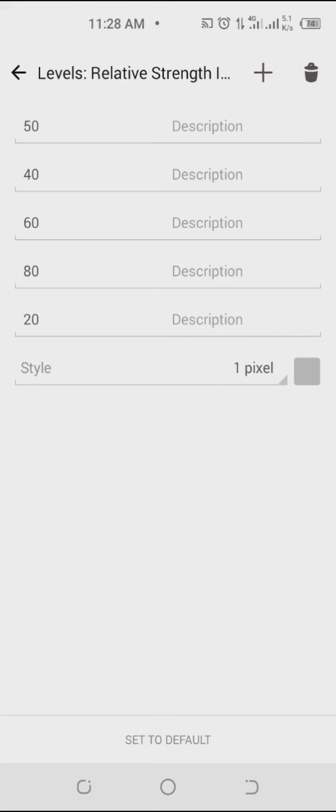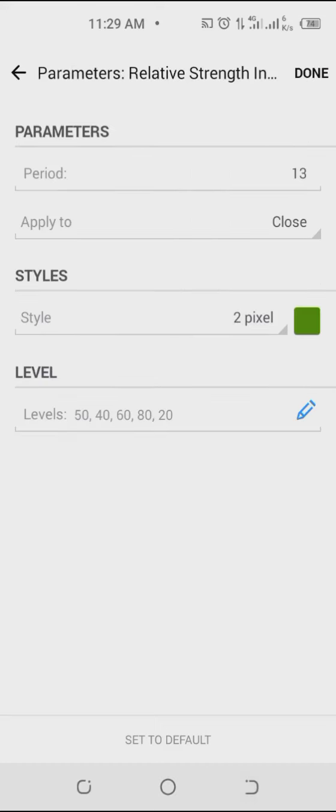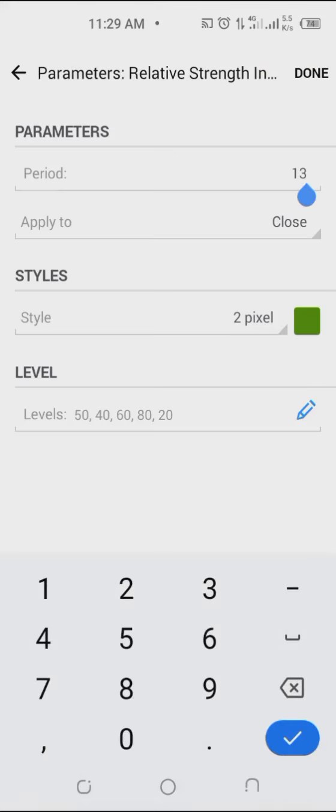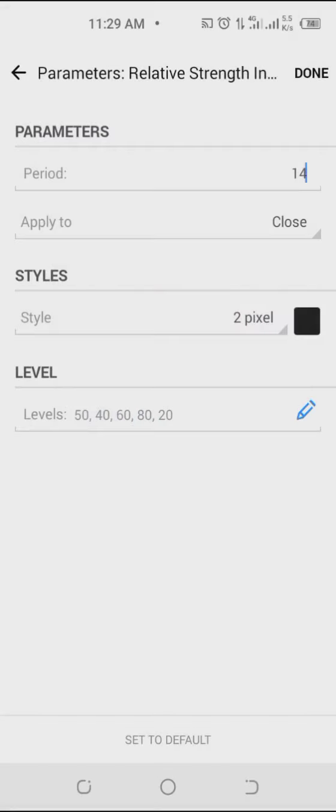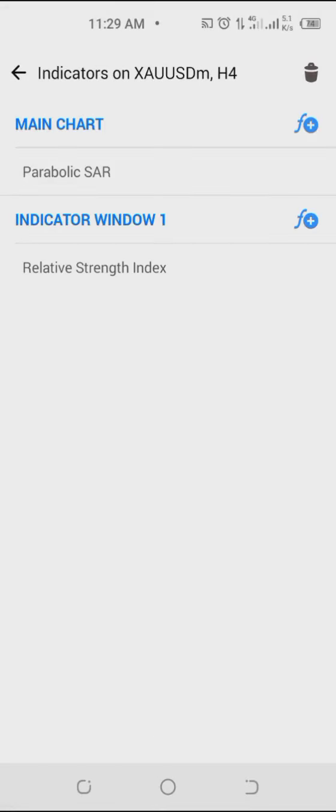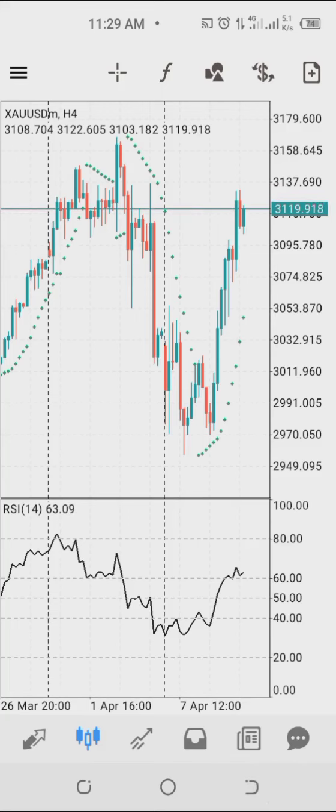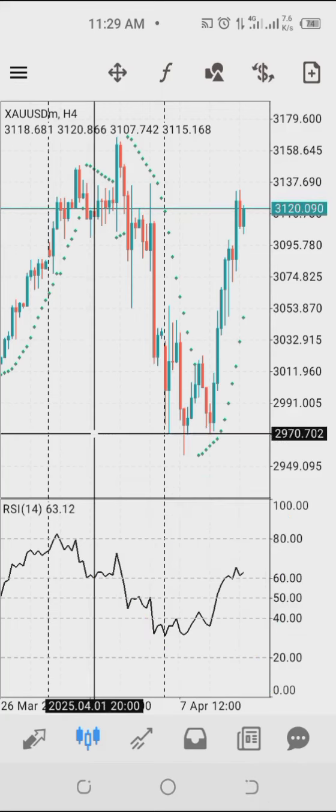We're going to be making use of levels 20, 40, 50, 60, 80. They are very, very important, so please have them. The period has to be 14, so change it to period 14, apply to close. I'm going to change the color to black. So here you go, this is your relative strength index on the chart.